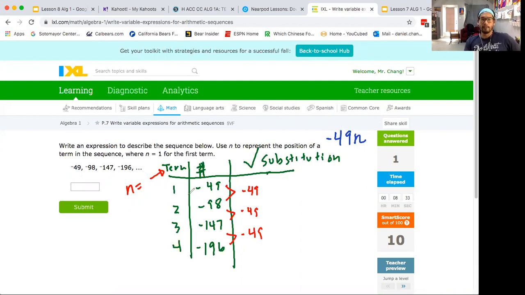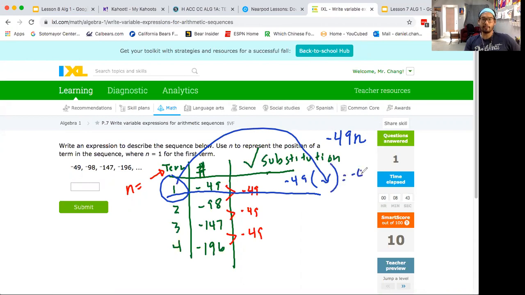So for the first term here, negative 49, I substitute this 1, I bring it all the way in, I substitute it for n, times 1 gets you negative 49, so that works. So for the second term, negative 49 times 2, I substitute that in, gets me negative 98, that works.